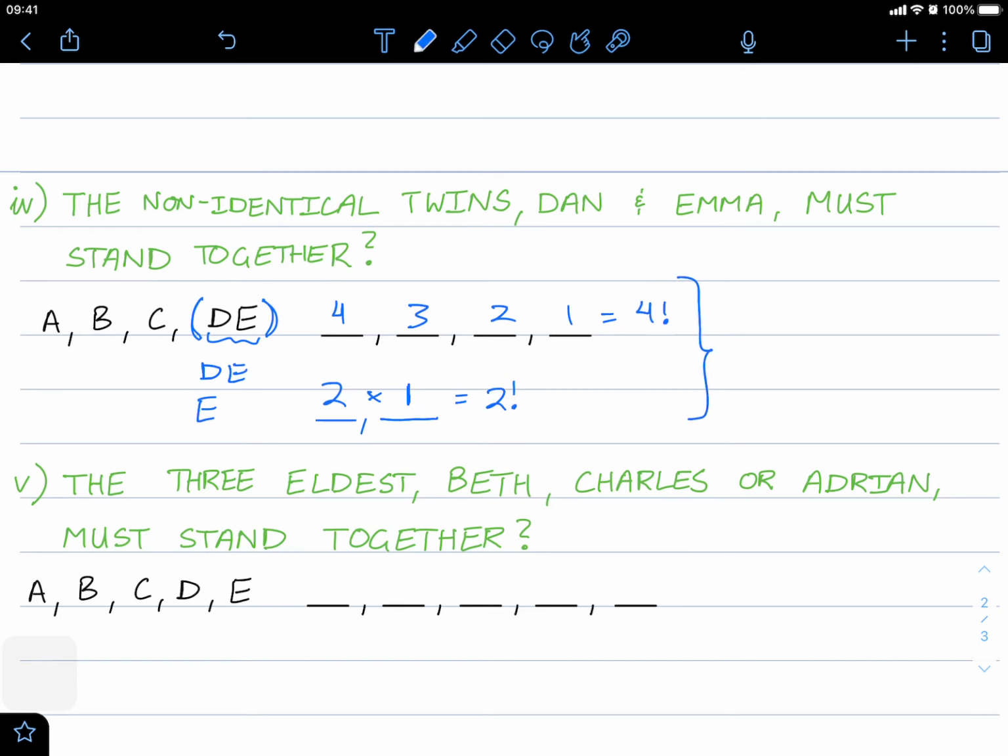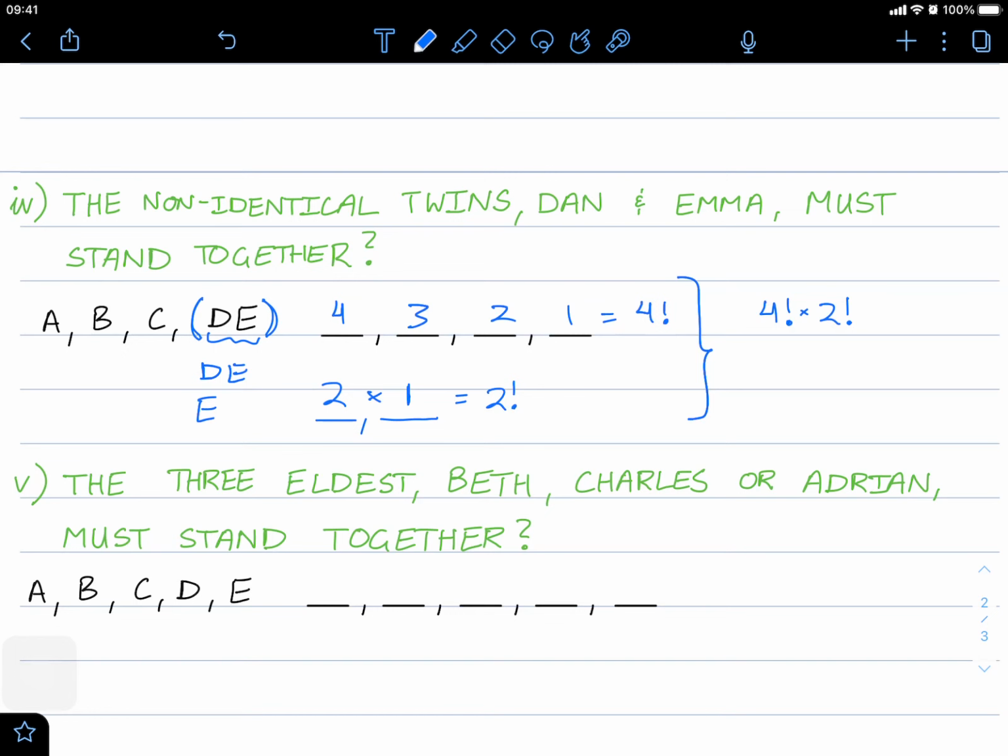So in total, we treat them as 1, so that's 4 factorial. And then we treat them as if we can switch them between themselves. So in total, we have 4 factorial times 2 factorial.